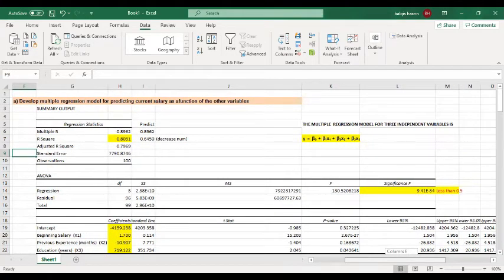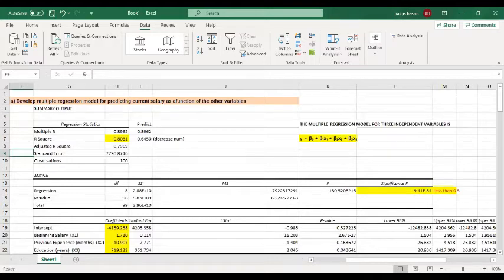Right, from the information, I already observed that the current salary is the response variable, or Y, and the other variables are treated as independent variables, which is X. So the multiple regression model for three independent variables is Y equals B0 plus B1x1 plus B2x2 plus B3x3.